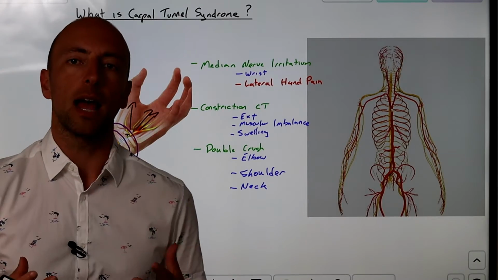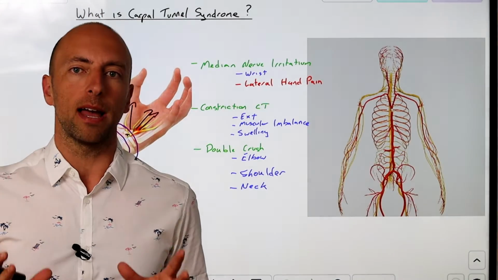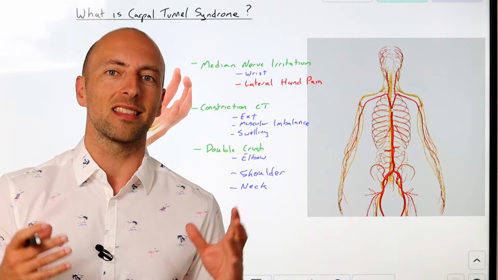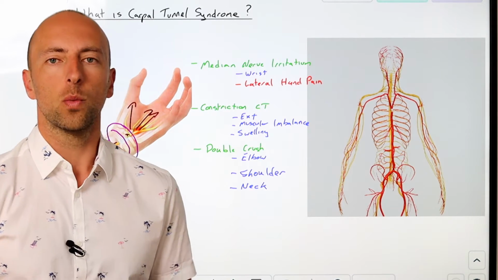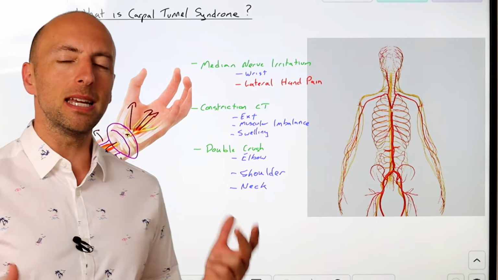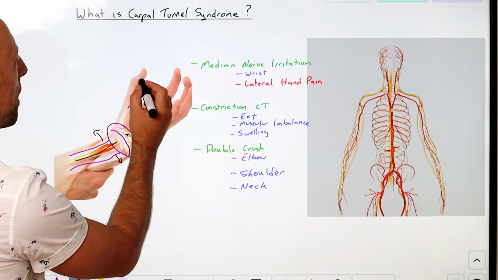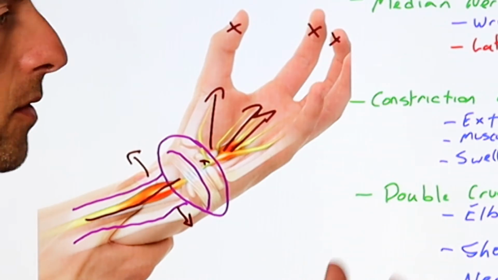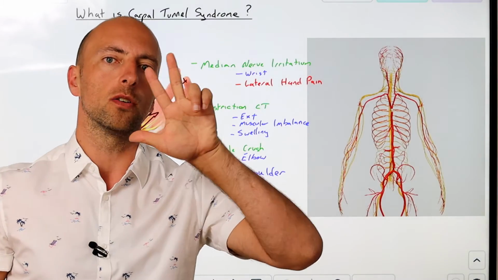So this is the first thing we want to understand, what is the specific pain pattern or sensory pattern that's associated with carpal tunnel syndrome, because it isn't the entire hand. What we find is that it's the median nerve that gets affected, and the median nerve predominantly supplies your thumb, your first finger, and your second finger. So we've got the first 3 digits on your hand.